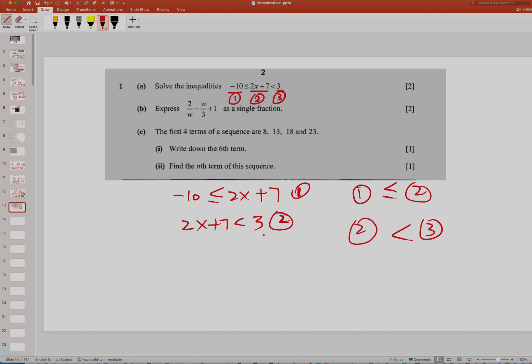Yes. Yeah? So you solve your inequality 1 and 2 separately. Can you solve 1 first? Okay.